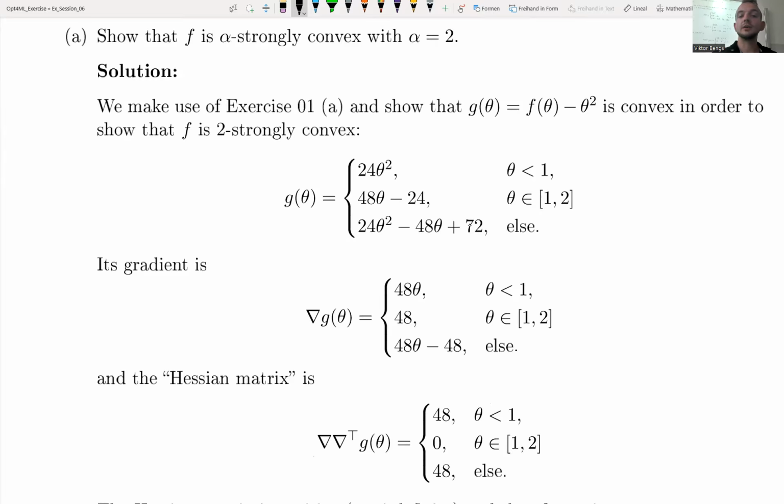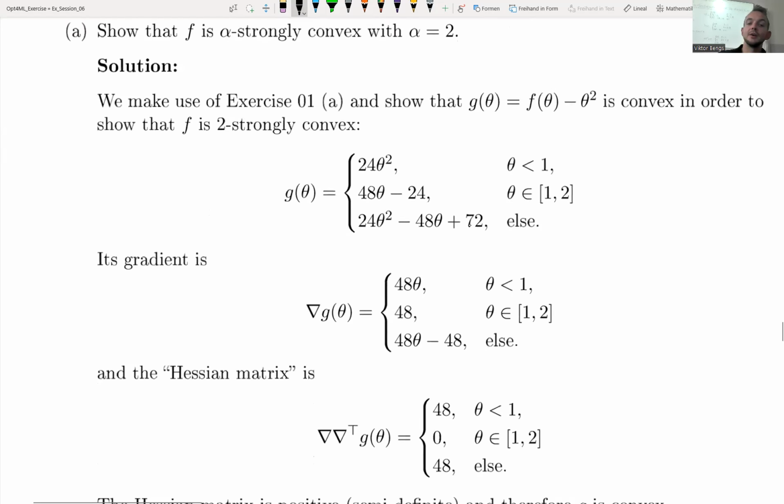Next case, from 1 to 2, we have a linear function. If we compute the derivative, it's only the slope, so 48 remains. Third case, here a polynomial with a linear term, a constant term, the second order term as in the first case, and the linear term as in the second case, more or less, but with a minus.